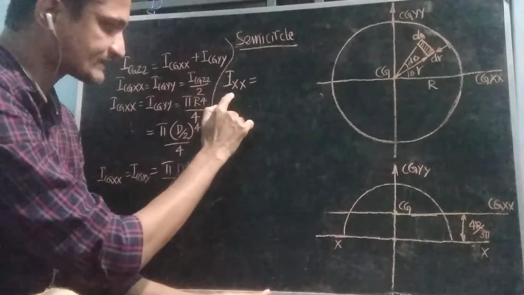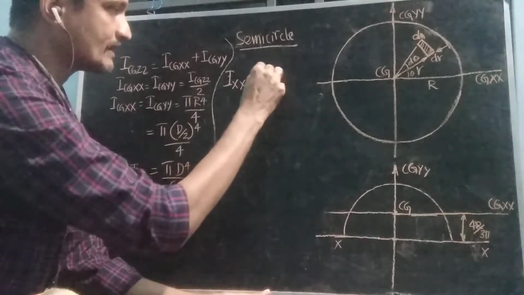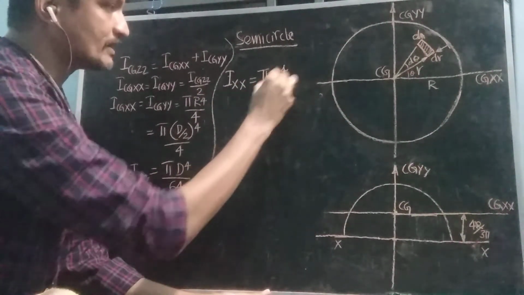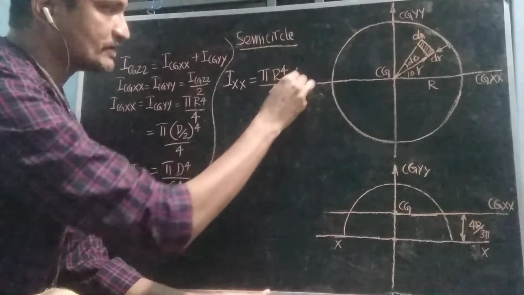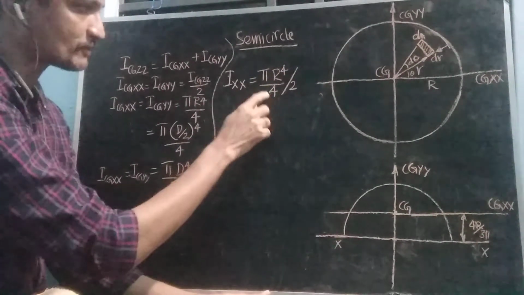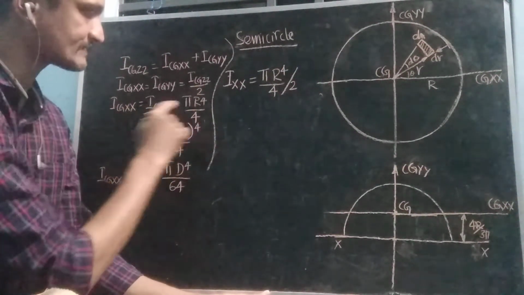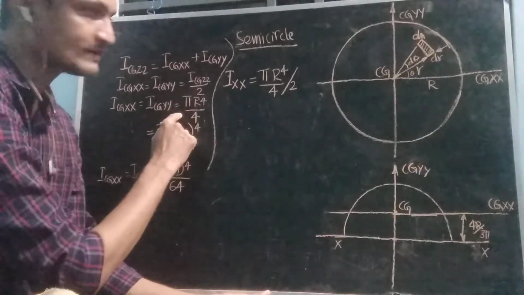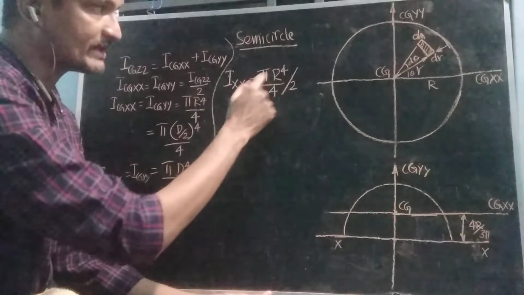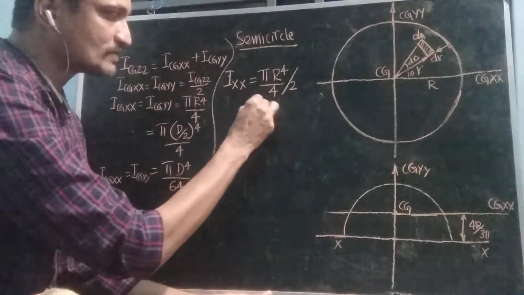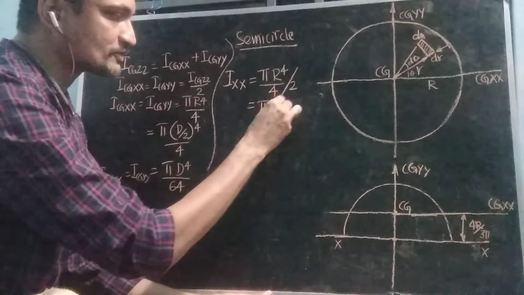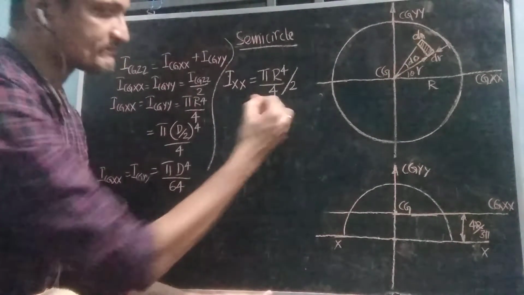Then Ixx is equal to pi r raised to 4 by 4 divided by 2, where pi r raised to 4 by 4 is the ICGxx in the case of circle. Then Ixx is equal to pi r raised to 4 by 4 by 2. That's equal to pi r raised to 4 by 8.